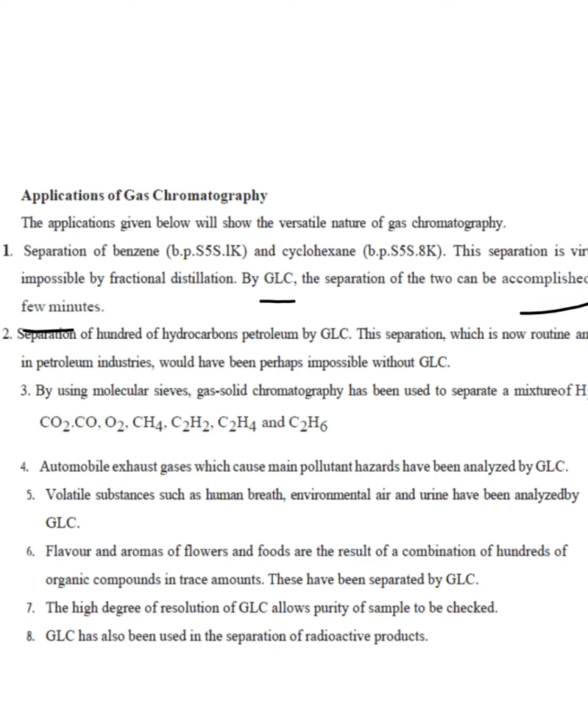Gas-solid chromatography can be used for the separation of a mixture of hydrogen, carbon, methane, and ethane. The automobile exhaust gases, which cause pollution hazards, have been analyzed by gas-liquid chromatography. Here are some of the applications. You can go through this.